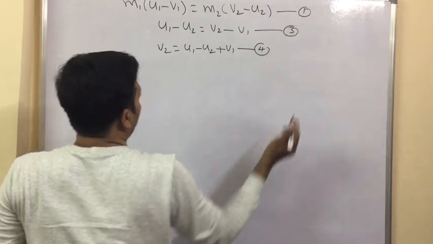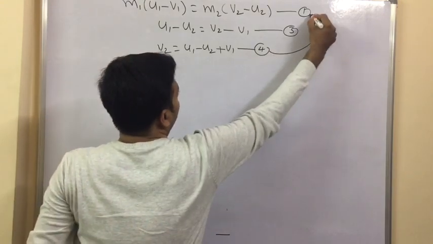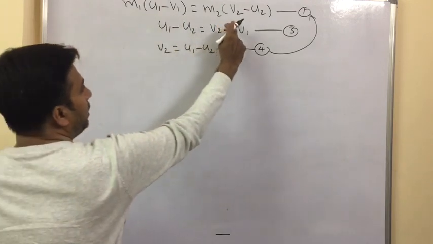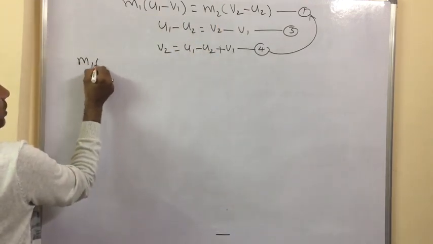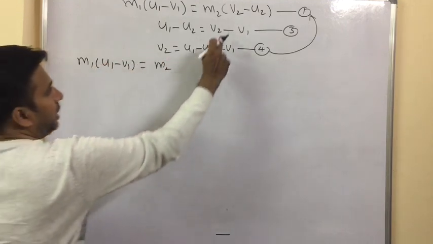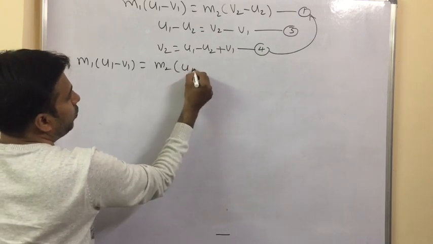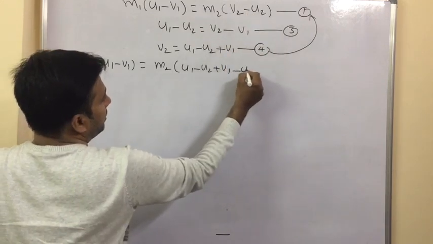Put 4 in 1. We have to write equation 4 in equation 1. So this term as it is, only in place of v2 we write this one. So we get m1(u1 − v1) equal to m2, and in place of v2 this complete term: (u1 − u2 + v1), and this minus u2 as it is.